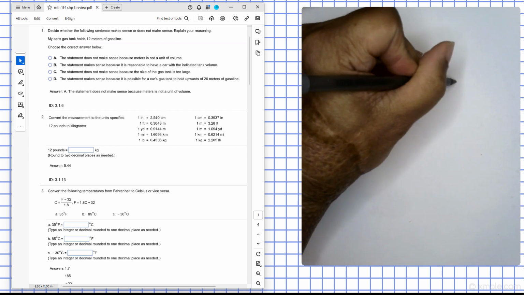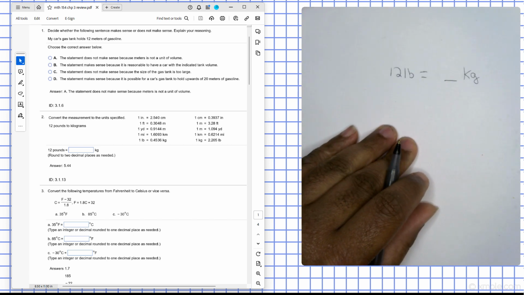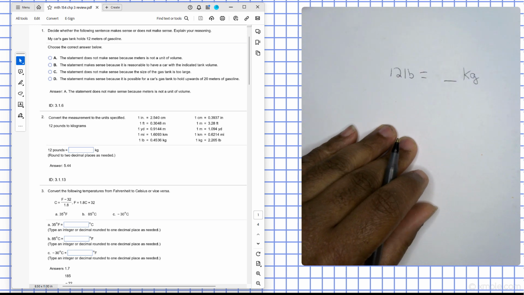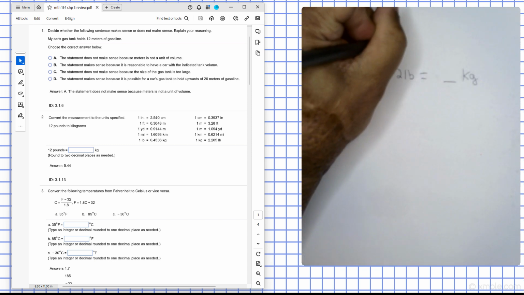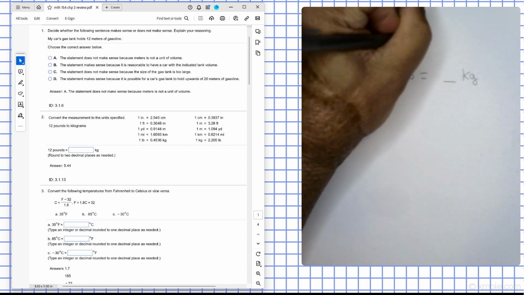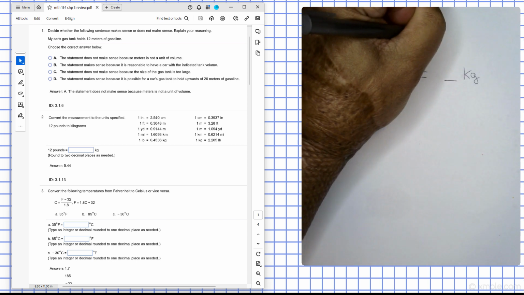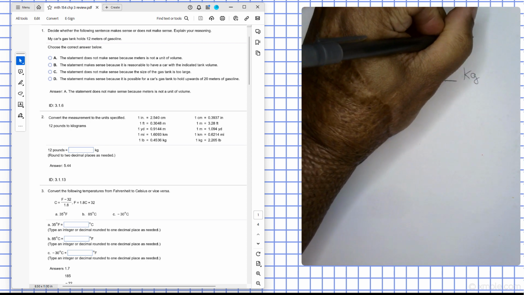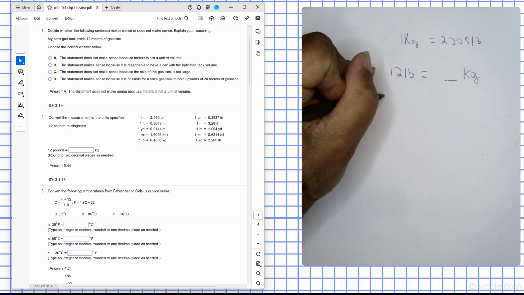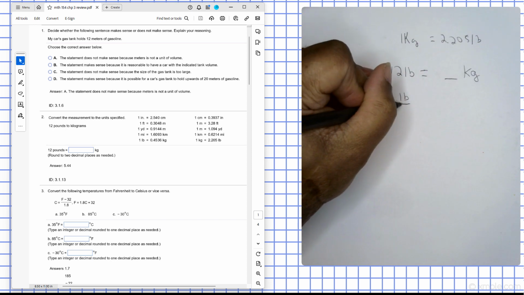We want to choose an equivalence here that relates pounds and kilograms, and we can see that 1 kilogram is equal to 2.205 pounds.